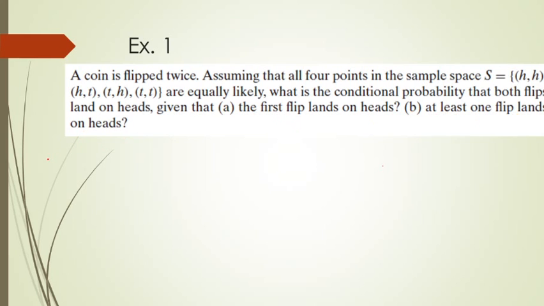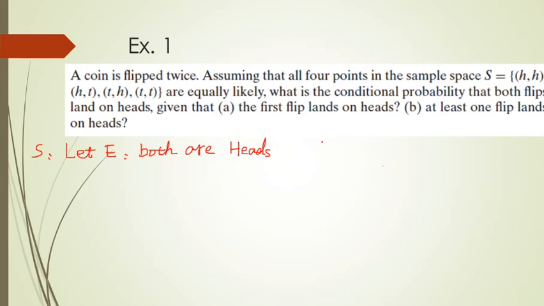Now we need to figure out the condition, event F occurs. So let's define the event E first. Event E will be both are head. That is the event E, right?